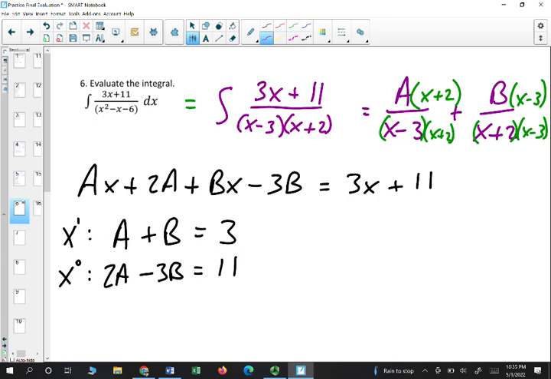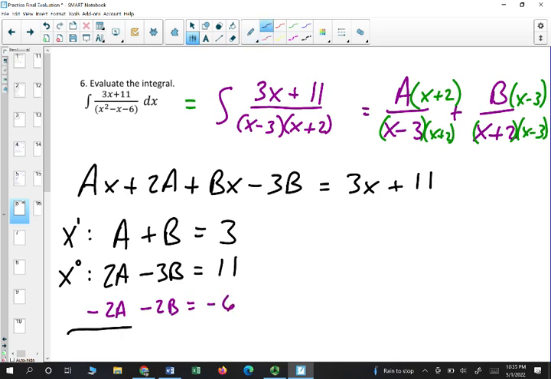I can take the first equation, multiply by -2, have negative 2A minus 2B equals negative 6.